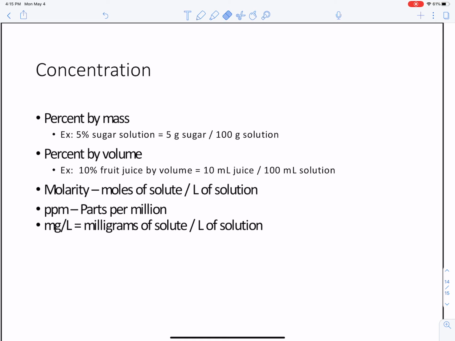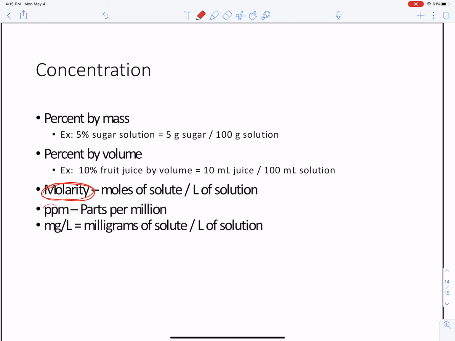Fruit juice is delivered by volume. Alcohol, drinking alcohol, is by volume. Sugar solutions are by mass. You also have this fancy term that chemists use called molarity, which is moles of solute per liter of solution, which is not going to be something that you need to deal with in your profession as funeral directors.